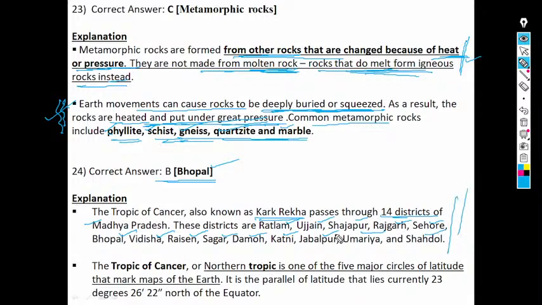These are the districts where the Tropic of Cancer passes. The Tropic of Cancer is here, and it is your Madhya Pradesh. Bhopal is here.